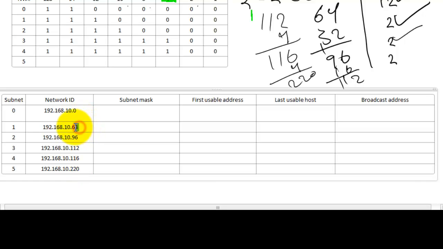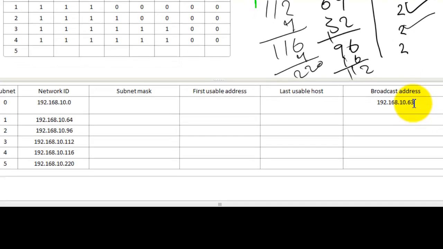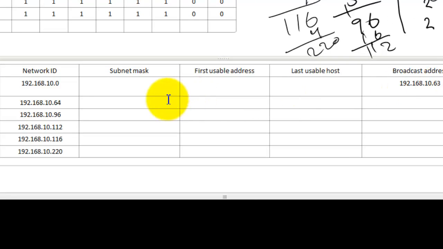So you minus 1 from the next network ID, and you will have the broadcast IP address for the previous block. So here, this one is 64, so you minus 1, that will be 63, right? So 63, because look here, they are in sequence, 63, 64.